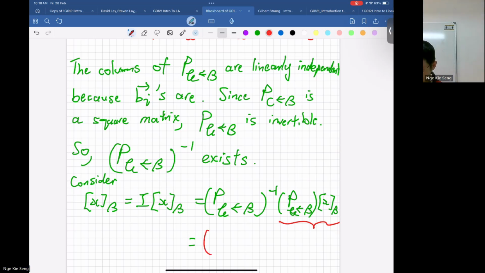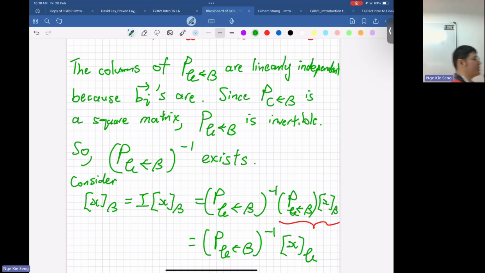So this calculation becomes P from B to C inverse of. But what does this mean?